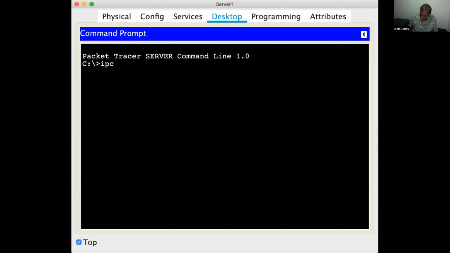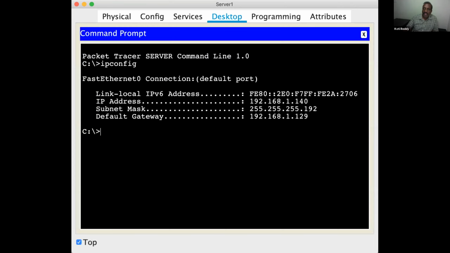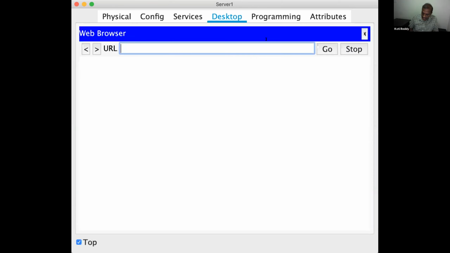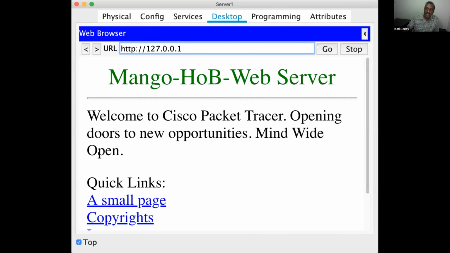Then IP config. Again I go to the server and say 127.0.0.1, and I can see the HOB server is present here.